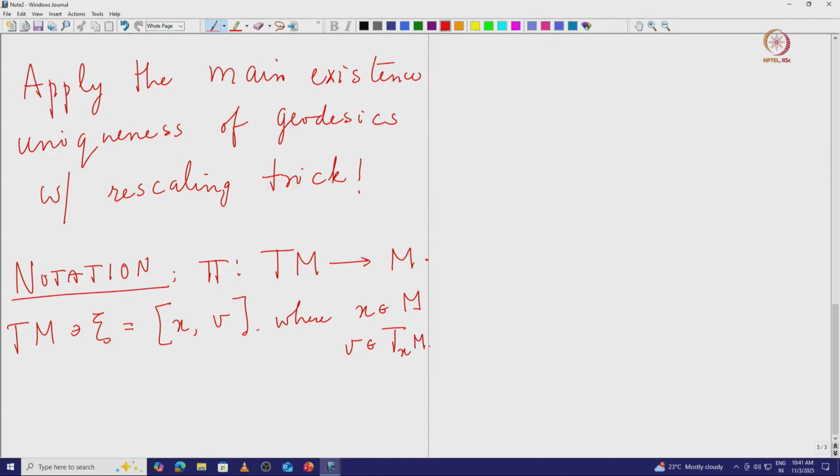So any element in the tangent bundle is a tangent vector at some point x. So my notation will be that I will denote that xi by bracket x comma v. Okay, so here's the key definition.